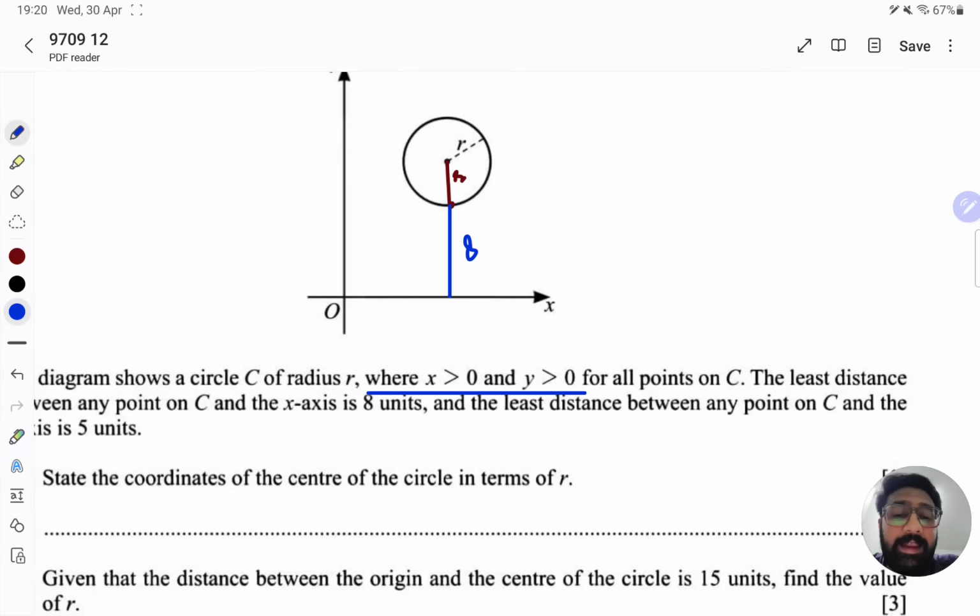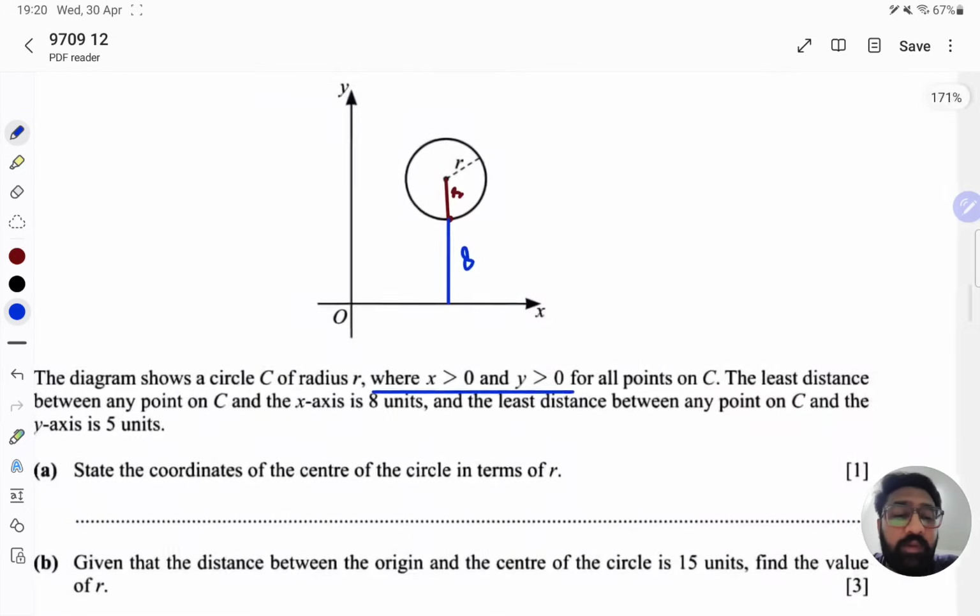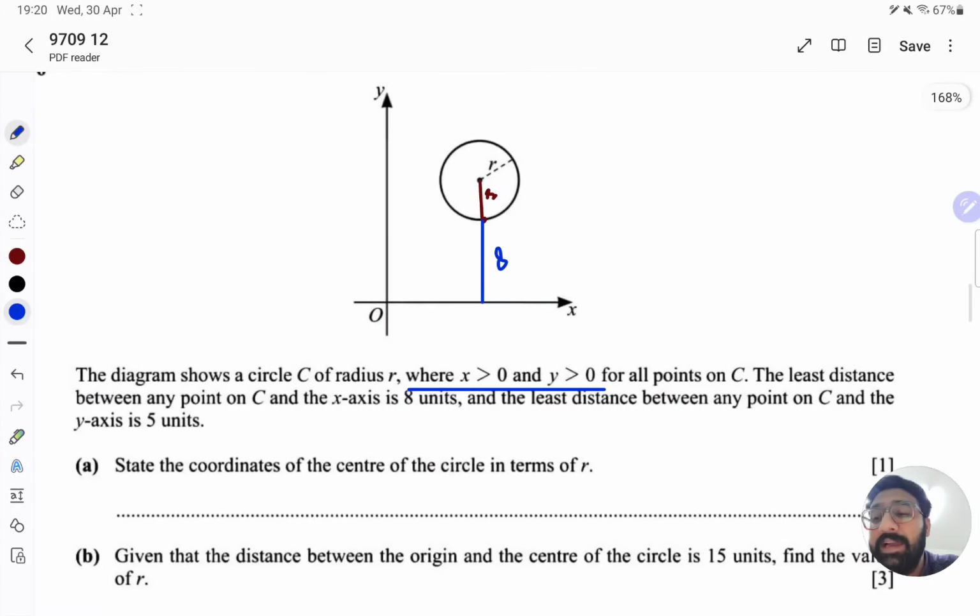Similarly, he says that the least distance between any point on C and the y-axis is 5. So the distance from the leftmost point to the center will be the radius, and the distance from this point on the circumference to the y-axis has to be 5.